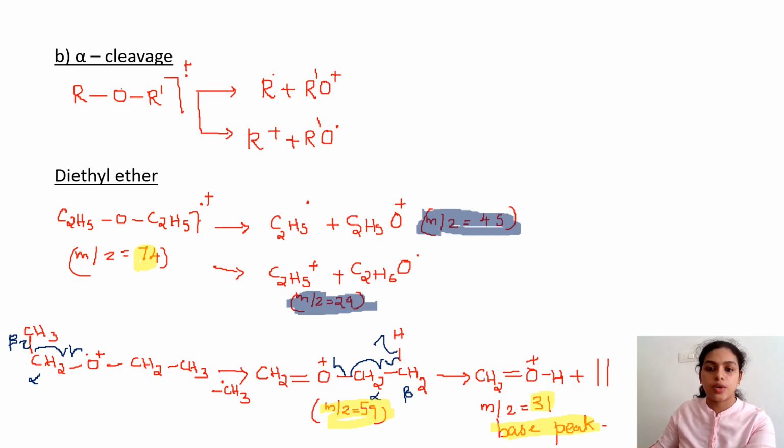Three peaks were obtained, and the less visible peaks are M/Z equal to 45, because of the C2H5O plus ion, and M/Z equal to 29, because of the ethyl cation C2H5 plus. These are the different fragmentation products obtained in the case of diethyl ether.